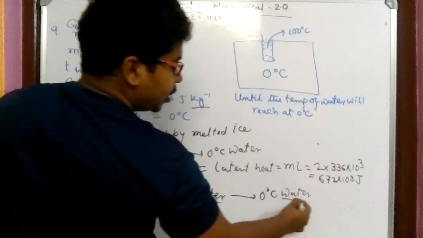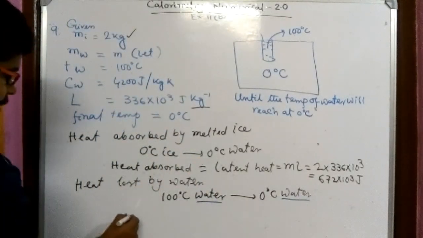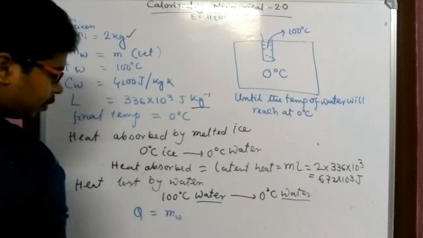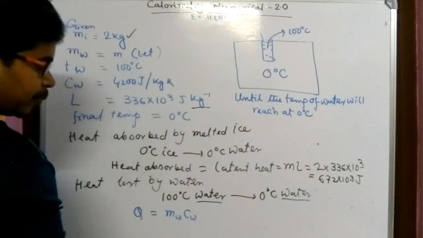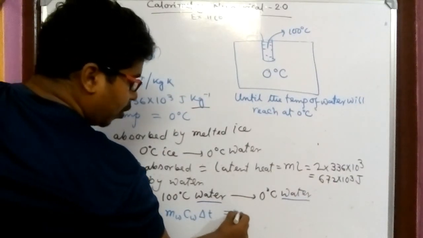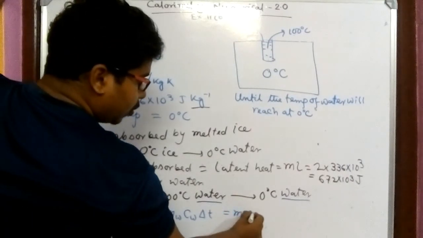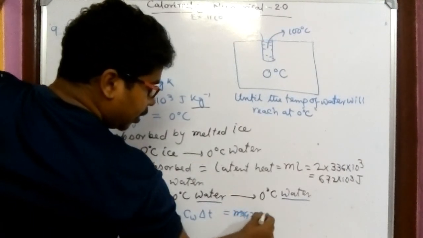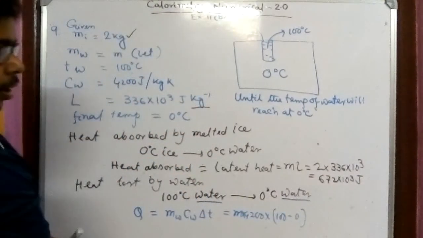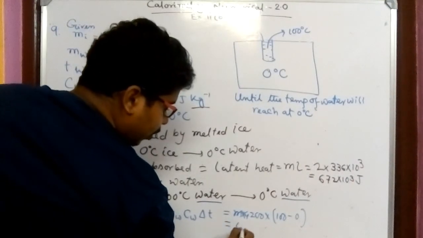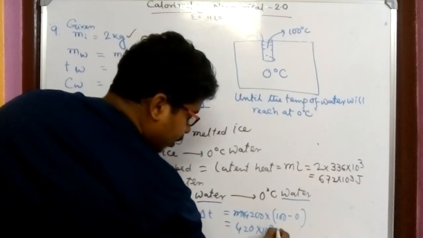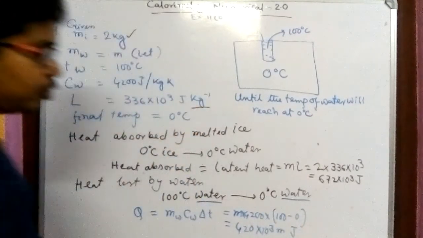It is water and it is water, only the temperature is changed. So heat Q equals mass of water into specific heat capacity of water into delta T. Mass of water, which we have assumed, is small m. Cw is 4200, and the temperature difference is 100 minus 0. So it is 420 into 10 to the power 3 m joule.